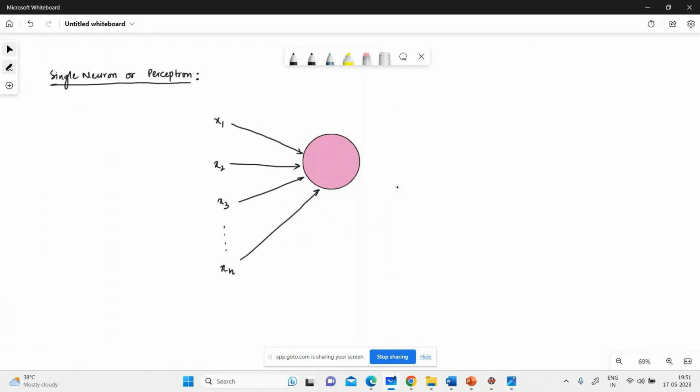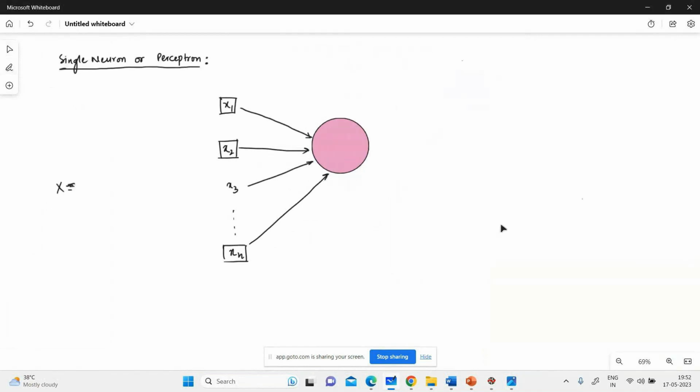So n number of features we have selected. Assume that these are the pixel values of the images. When we say features of images, those are the pixel values that we have calculated for all the n number of features. Now we start with X, which is my input value. Capital X here indicates multiple input values, which starts from x1, x2, x3 and goes all the way till here.